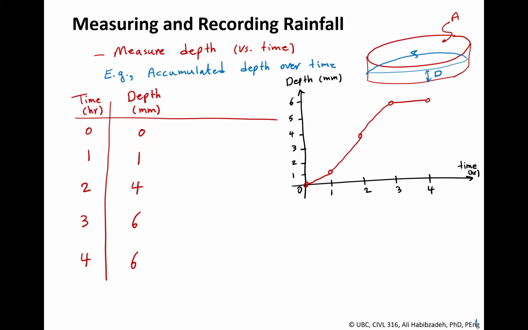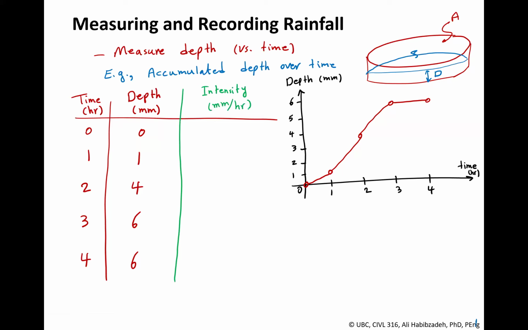Now, let's continue processing the data and see what we get. If you recall, the other parameter that we typically are interested in when it comes to rainfall is intensity. So intensity, if you remember, it was depth of rainfall over time and usually measured in millimeters per hour.